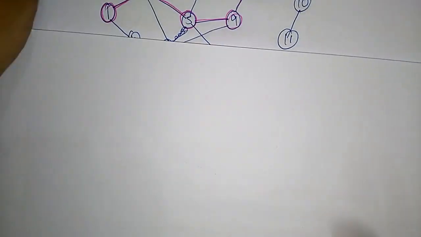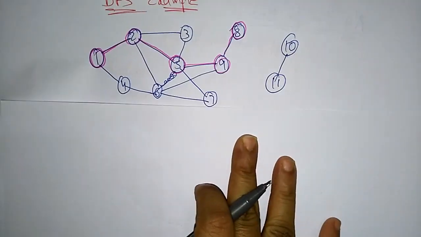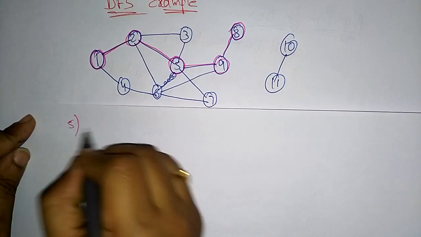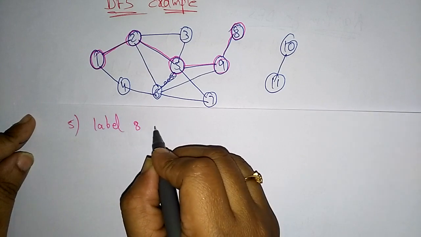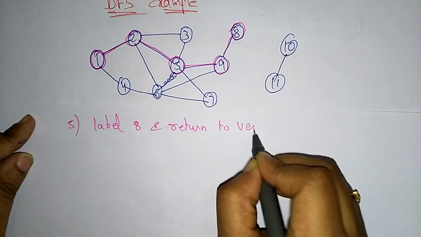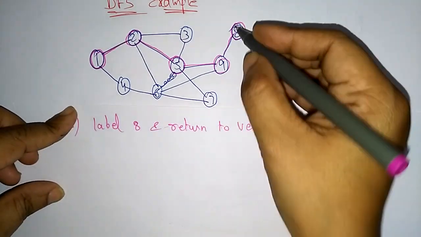Now fourth step. Now I have to label 8. Label vertex 8 and return to vertex 9. I didn't visit all the vertices, so I have to backtrack.